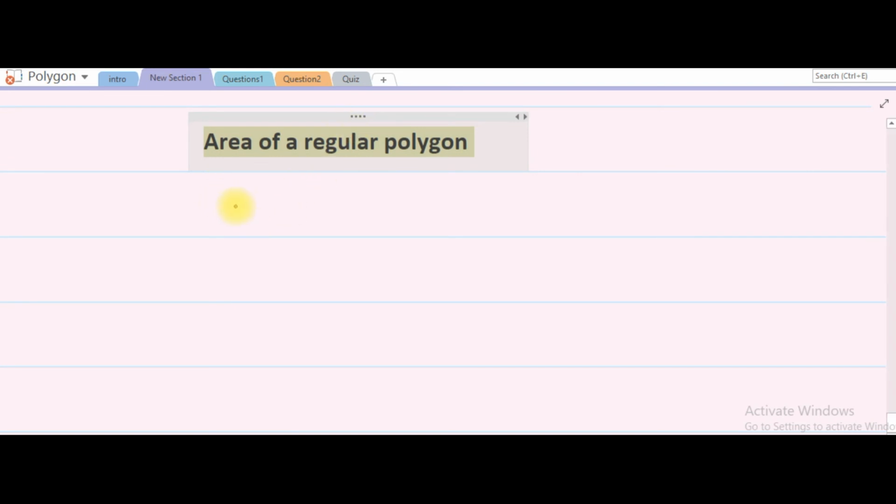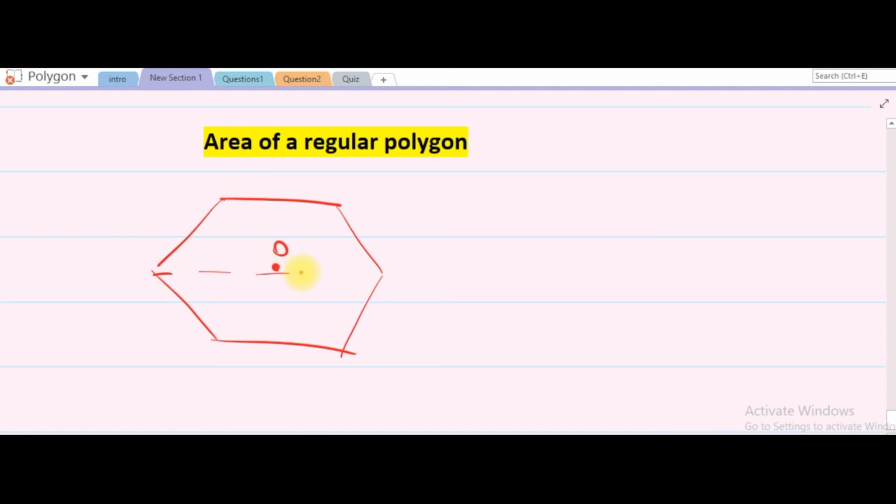So if you have a hexagon with center O, you notice that by joining from the center, we form 6 congruent equilateral triangles.